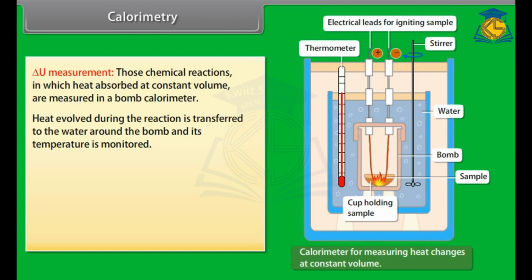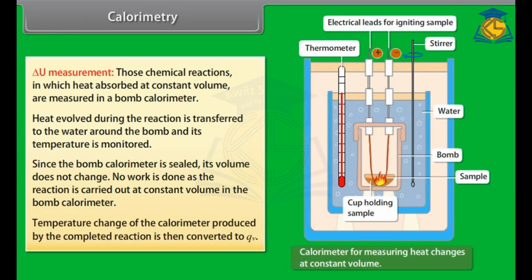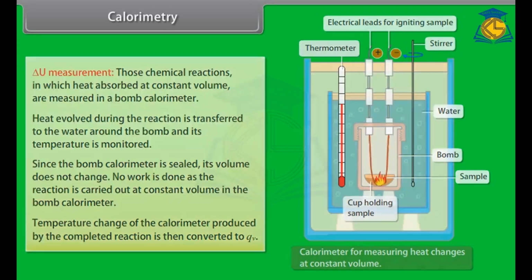Heat evolved during the reaction is transferred to the water around the bomb and its temperature is monitored. Since the bomb calorimeter is sealed, its volume does not change. No work is done as the reaction is carried out at constant volume. Temperature change of the calorimeter produced by the completed reaction is then converted to QV.